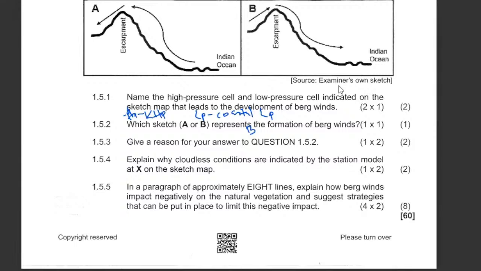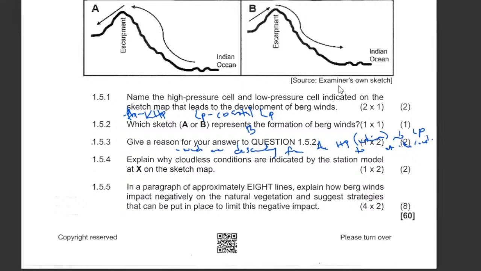Give a reason for your answer. Winds are descending from the high pressure in the interior to the low pressure at the coast.